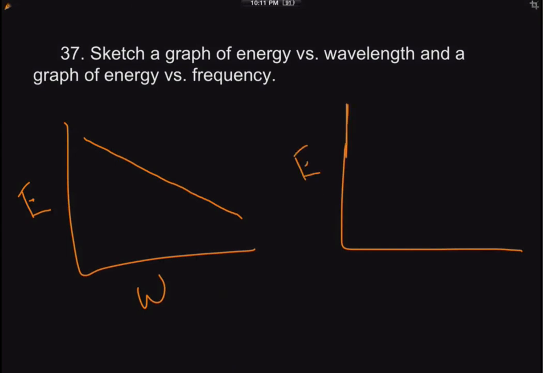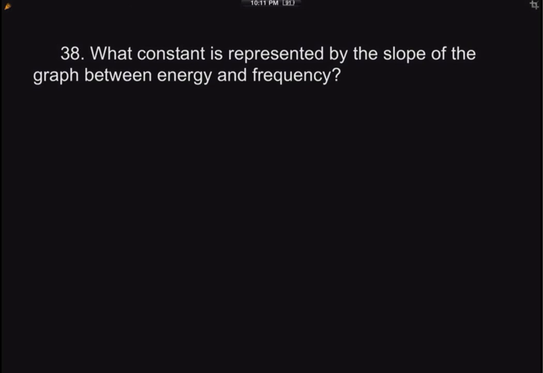If I'm going to do energy with frequency, they go up. As frequency goes up, energy goes up. That's a direct relationship, a positive slope. So that's really all you need to do there. And what is the constant represented by the slope of energy and frequency?